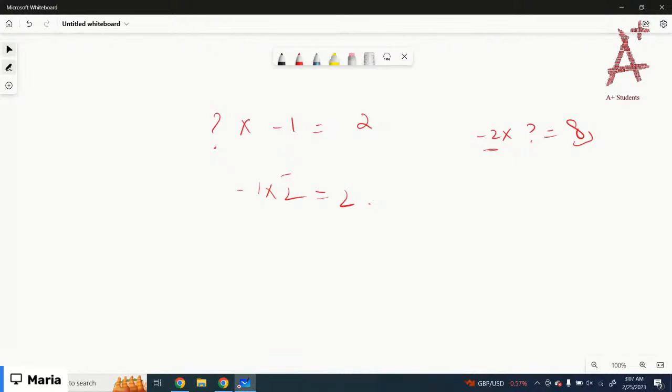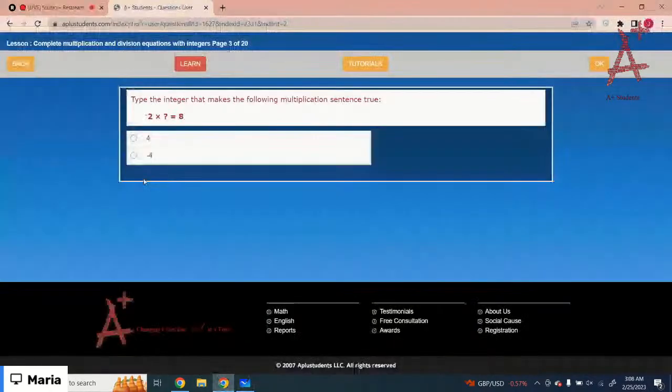Negative times negative is positive. 2 times 4 is 8, so it would be negative 2 times negative 4, which is positive 8. So the missing number is negative 4.